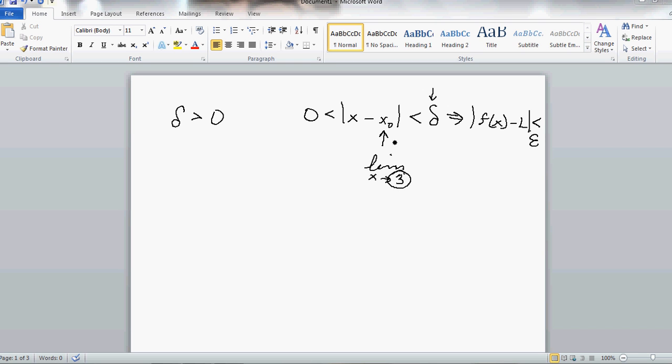That's what x sub 0 is. The x value here would be some value of x close to the limit.